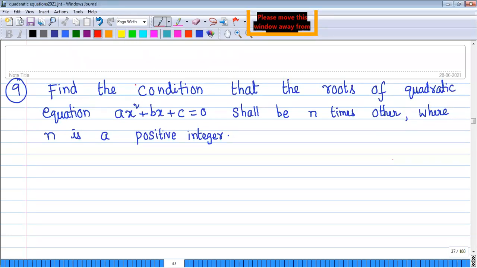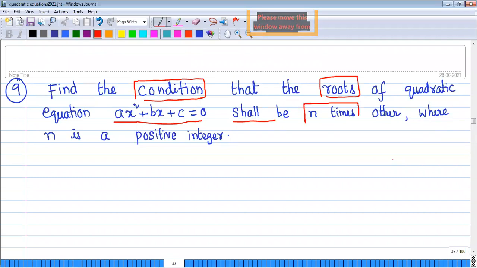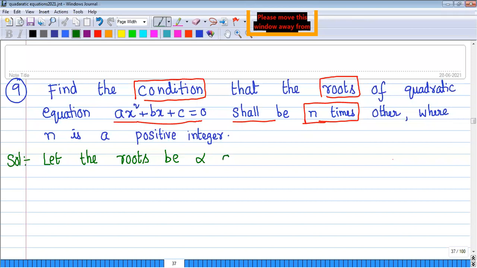See, find the condition that the roots of the quadratic equation ax square plus bx plus c is equal to 0 shall be n times the other. So then we need to find out the condition. So first we need to follow this procedure. Let the roots be alpha and n alpha.